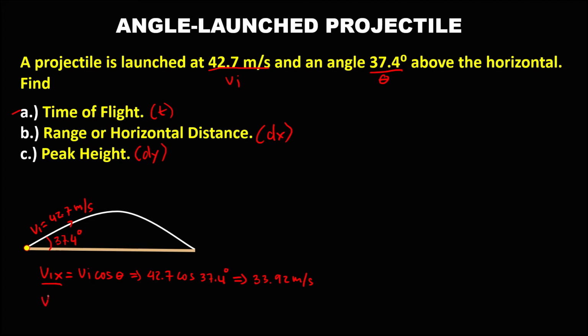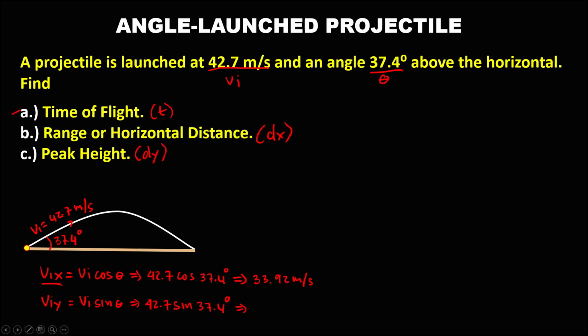Then for the initial velocity for y, using this formula, the initial velocity times sine theta, substitute now the values. So we have 42.7, then sine 37.4 degrees.